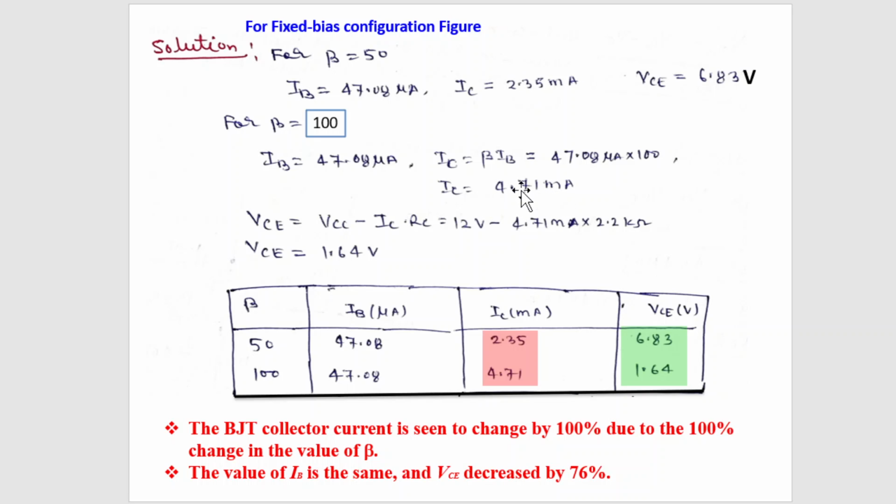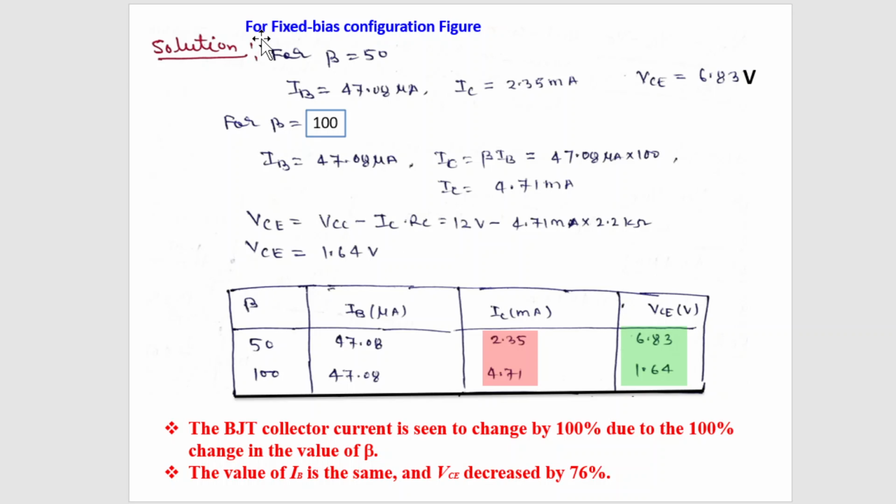That is nearly double, just double. Similarly, VCE is basically dependent on IC. Obviously, VCE is equal to VCC minus IC into RC. That is 12 volt minus 4.7 multiplied by 2.2 kilo. That is VCE equal to 1.64 volt. Here VCE was 6.83 volt, and here VCE is 1.6 volt.